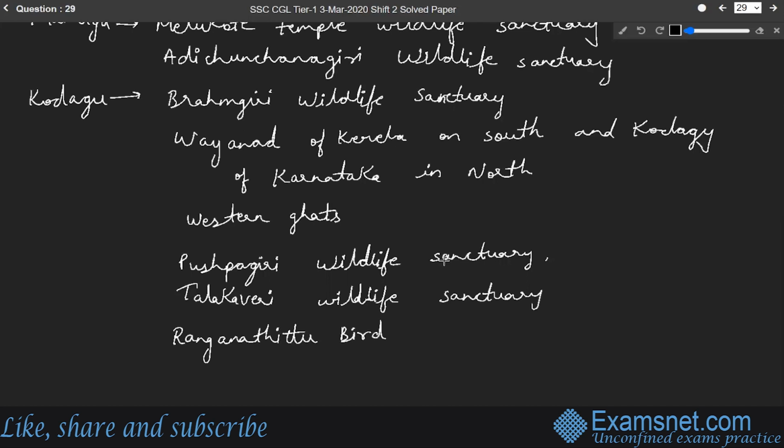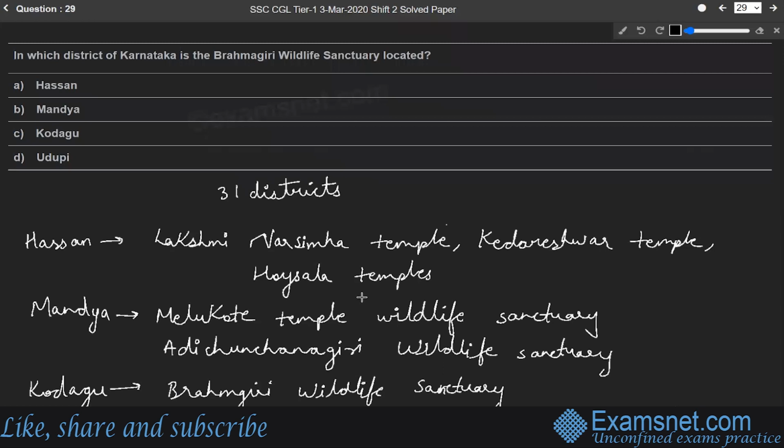But the very famous one is Brahmagiri Wildlife Sanctuary, located in the Kodagu district of Karnataka in north. Now, considering the last option, that is Udupi.